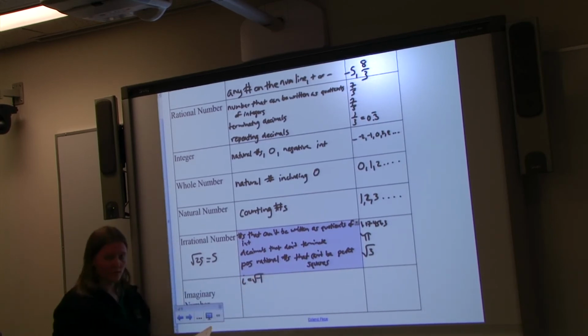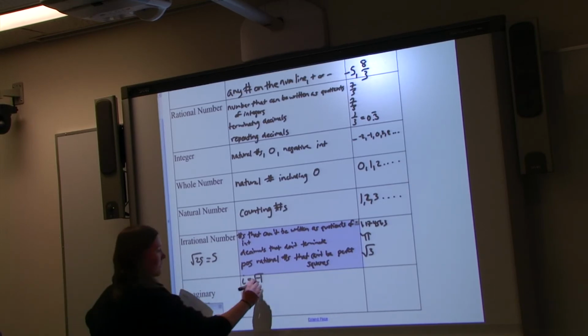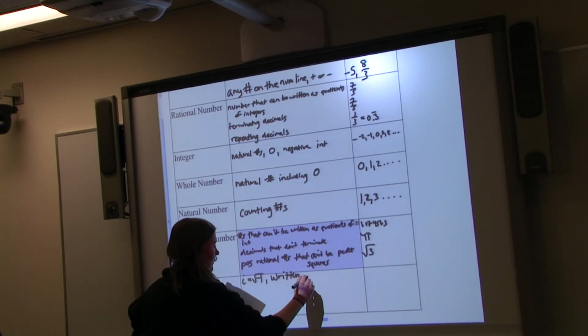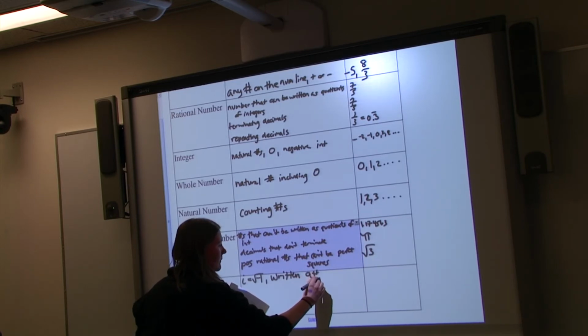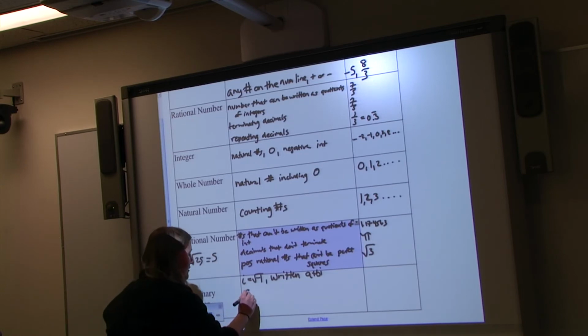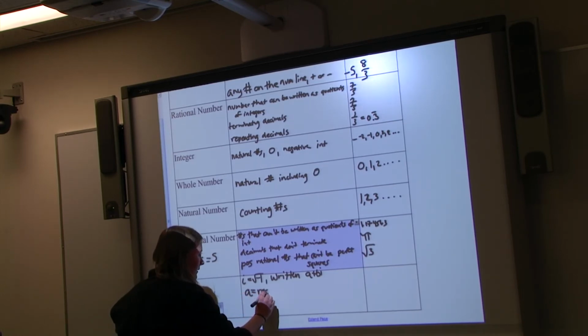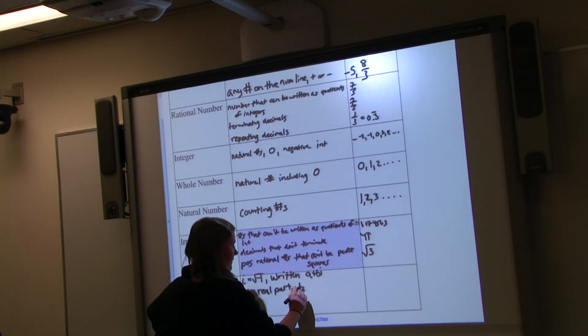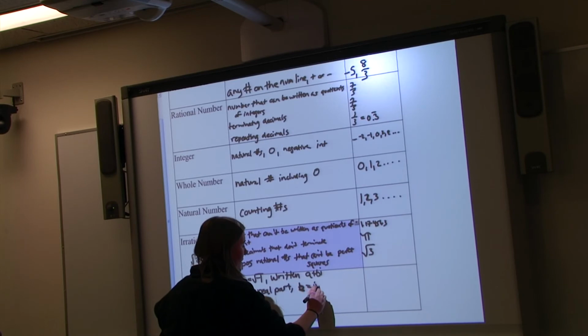You have i is equal to the square root of -1, written a plus bi, where a is the real part and b your imaginary part.